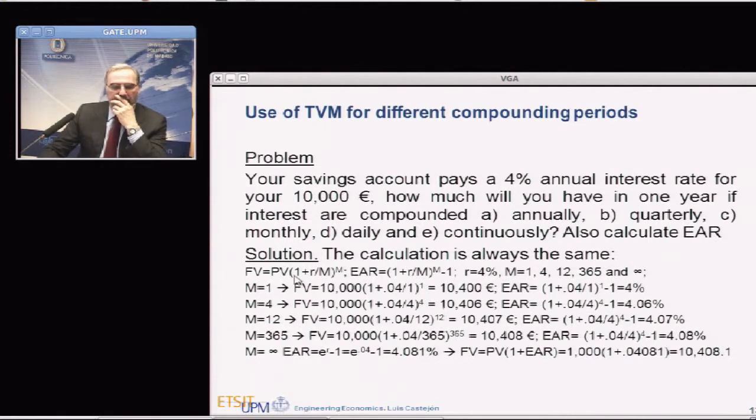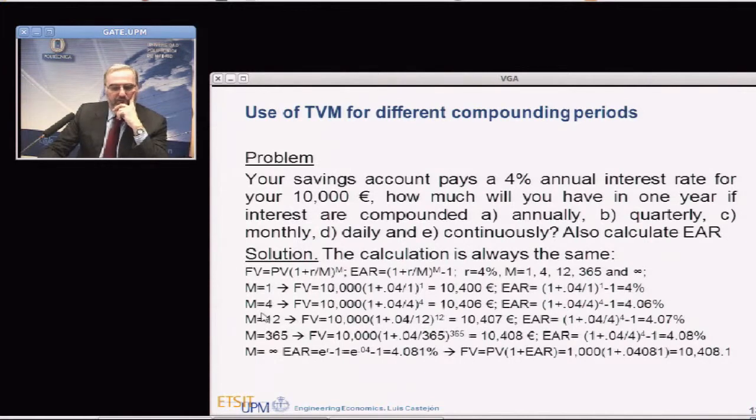So, for example, you have today 10,000 euros and you want to know how much will you have in a year if interest rates are compounding in different scenarios. How do we calculate? Okay, the formula is the future value, the present value times 1 plus the annual nominal interest rate divided by the number of periods, to the M power, and the effective annual rate we know, and then we know several data.